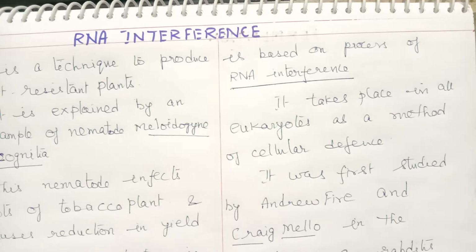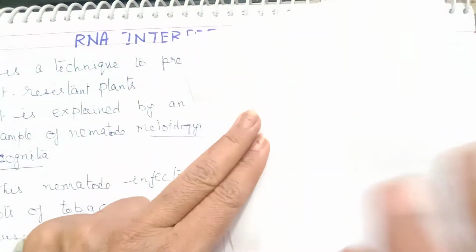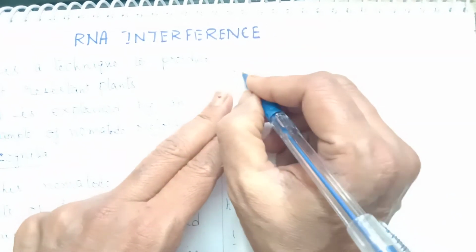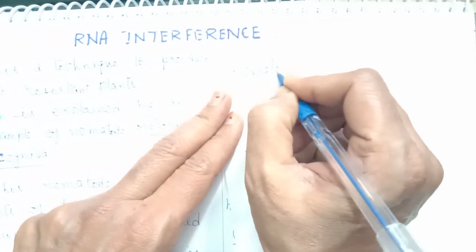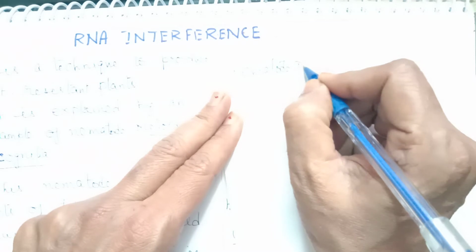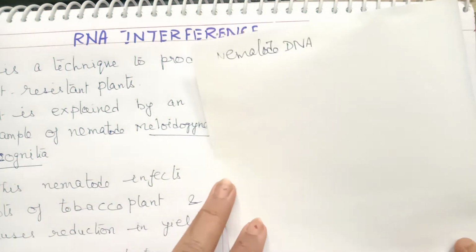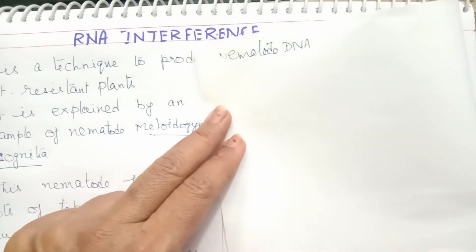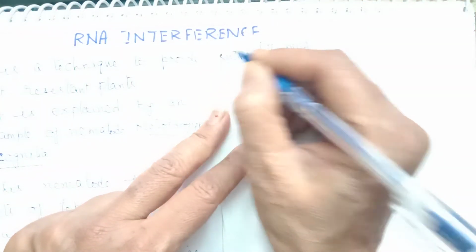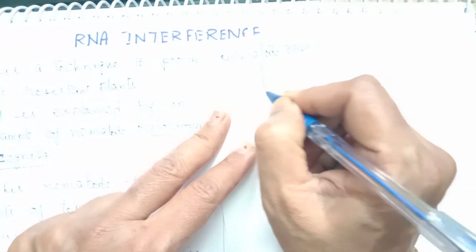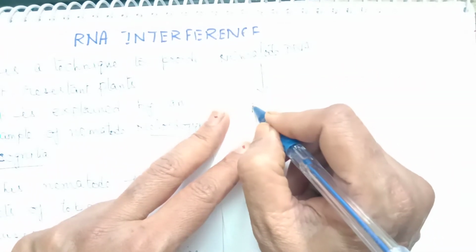So how the disease is caused, we can understand; I'll explain it separately. A nematode will have its own DNA, and this DNA of the nematode will produce an mRNA.